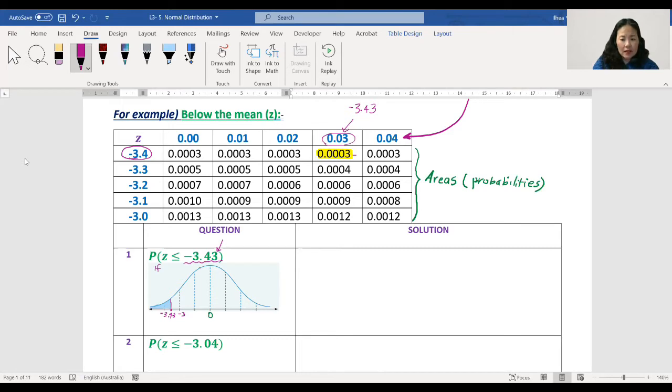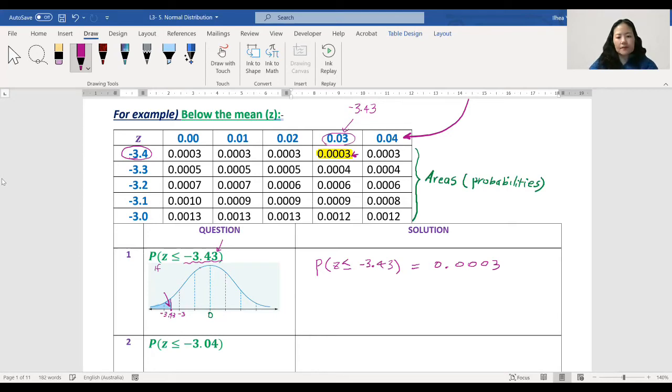So my area for that z value is 0.0003. So the probability that z is less than or equal to minus 3.43 is 0.0003, and that represents this part.